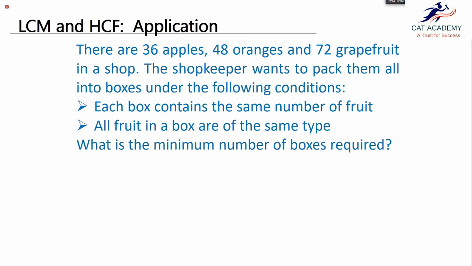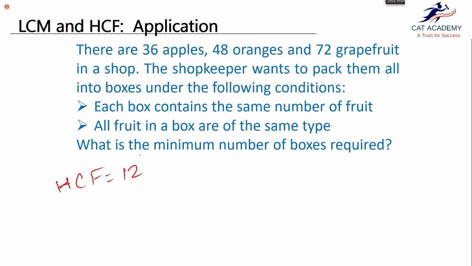Each box must contain the same number of fruits. That means I want a common factor that is there in all of them. So what is my highest common factor over here? HCF is equal to 12. Very good.